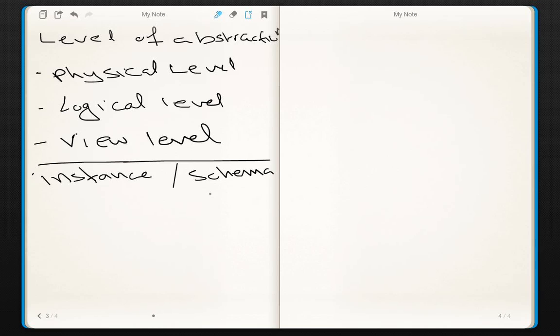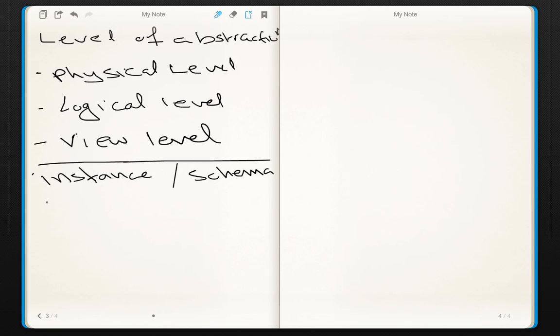Just like if you remember in Java, instance variables are the actual variables that you use. For the database, it's more or less the same meaning, the actual contents in the database. We call it instance, and the schema is المخطط, the logical structure, the structure of your database. So you need to know these.